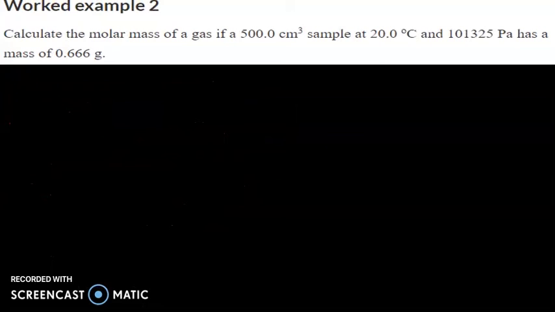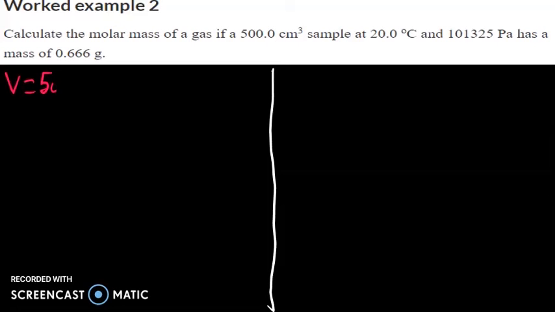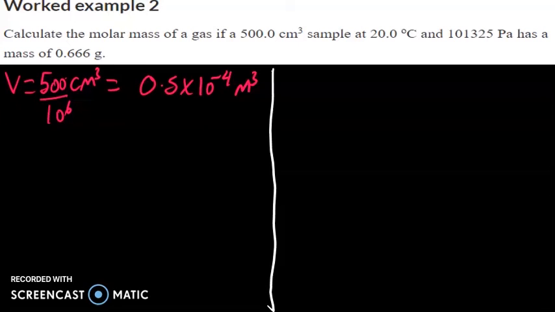So for the second example, we do the same thing. First, identify the units and correct them to the right unit. For volume, we have 500 cm³. So you have to change this to meter cube by dividing by 1 million or 10 to the power 6. That will give you 0.5 times 10 to the power minus 4 meter cube.